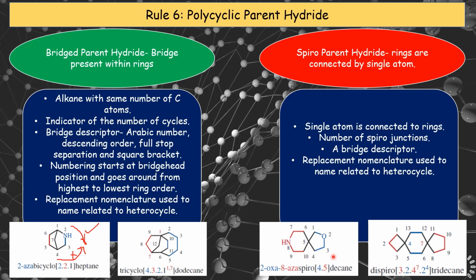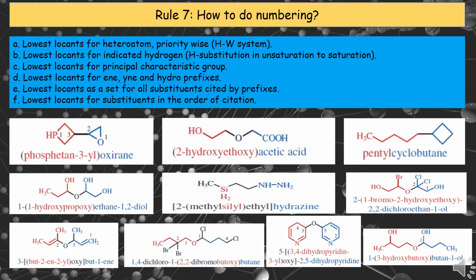So here 1, 2, 3, 4, so 4 and 5. But in case of spiro, the values go from lower to higher order. That's why we are writing [4.5]decane. Here a set of rules is given by which we can determine how to give numbering in different situations in any kind of organic compound.